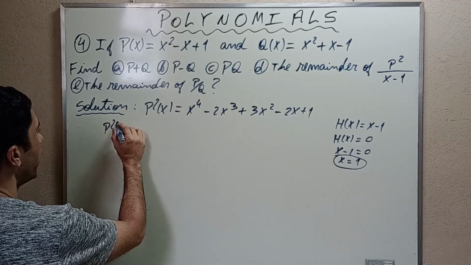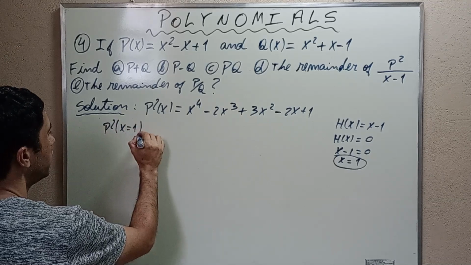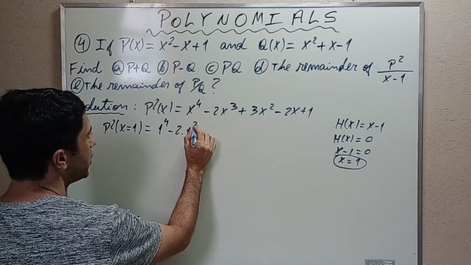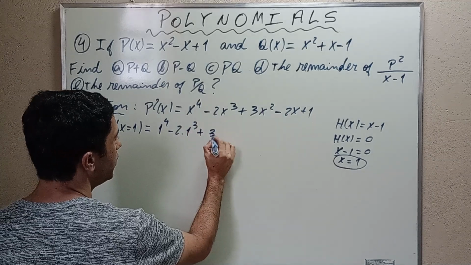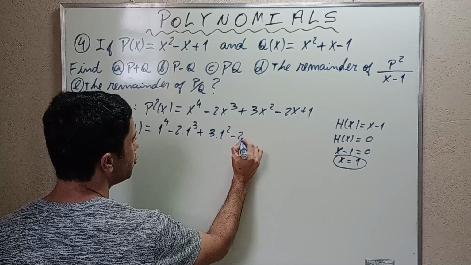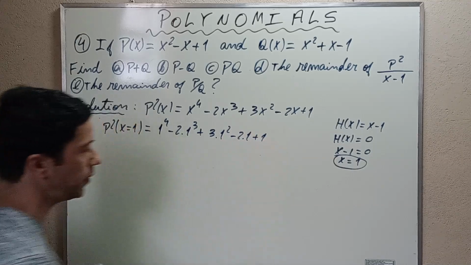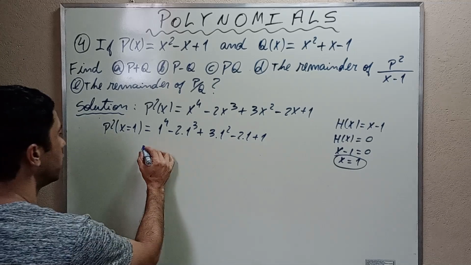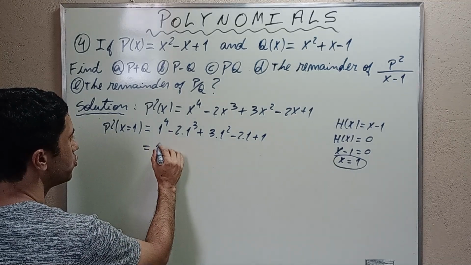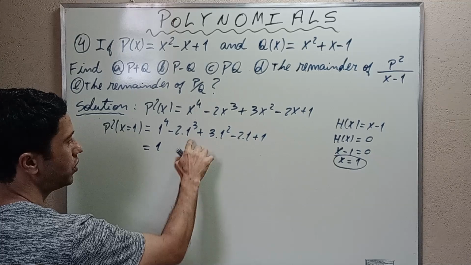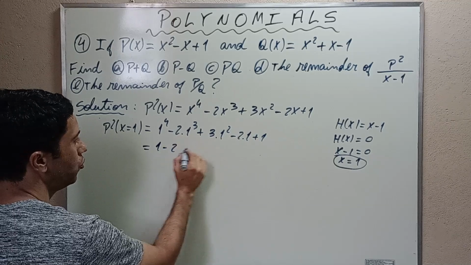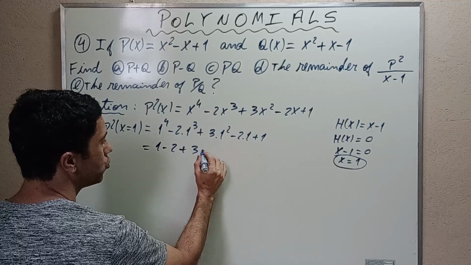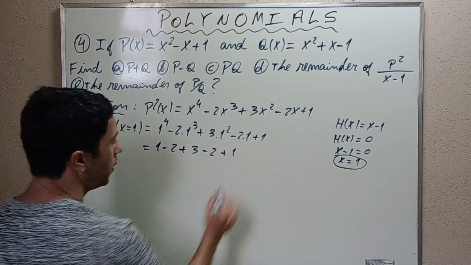P squared of x equal to 1 will be equal to 1 to the 4th minus 2 times 1 cubed plus 3 times 1 squared minus 2 times 1 plus 1, okay? 1 to the 4th is 1, 2 times 1 is 2, 3 times 1 is 3, 2 times 1 is 2, and 1.